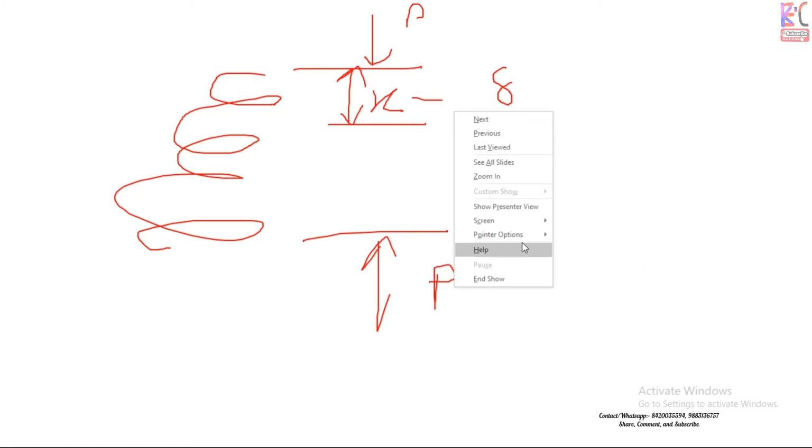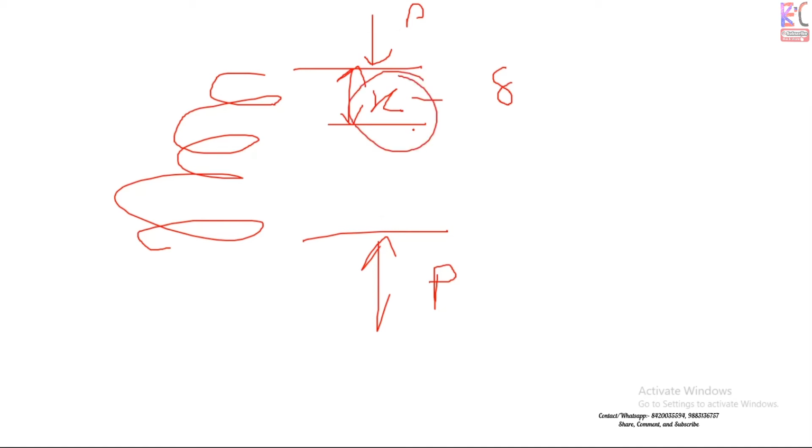Fine. So what happens is, you could write one formula, because the maximum force you give, the maximum deflection will occur. So what does it mean, that P is directly proportional to x, or P is equal to k into x.